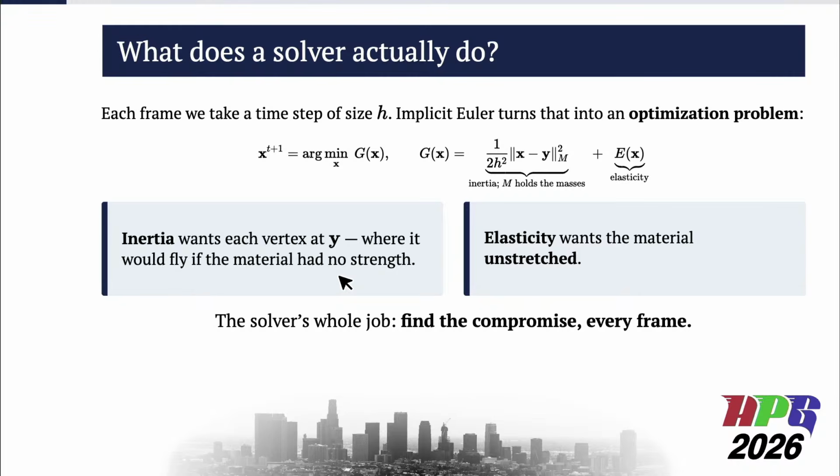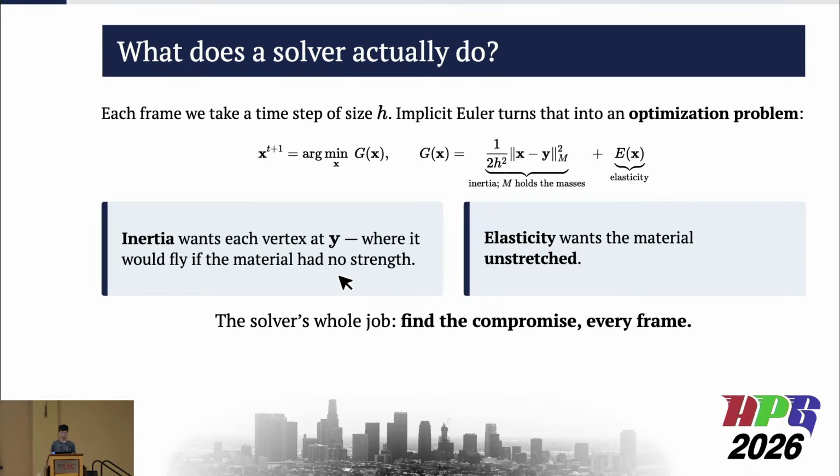First, I'm going to introduce what we are trying to solve in a physical simulator. Basically, at each frame, we take a time step size and calculate a global energy, which contains inertia and elasticity terms.